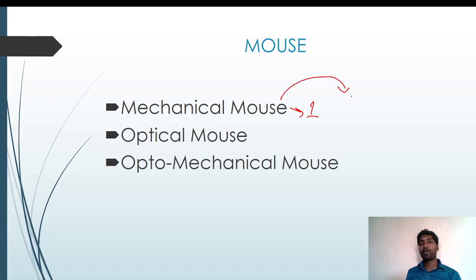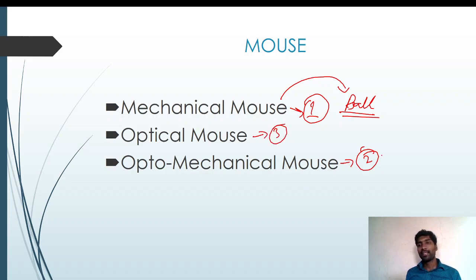In this mechanical mouse there will be a ball. This is the first they introduced, this one they introduced second, and this one they introduced third.